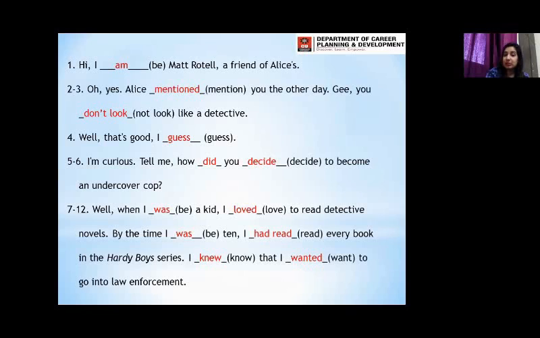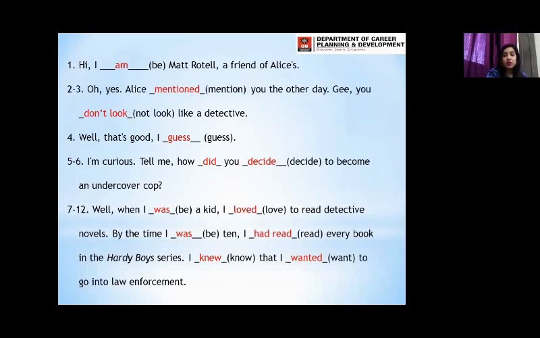This is something he had already decided at that time, that in the future he was going to be in law enforcement. So this was the impact that books had on him.